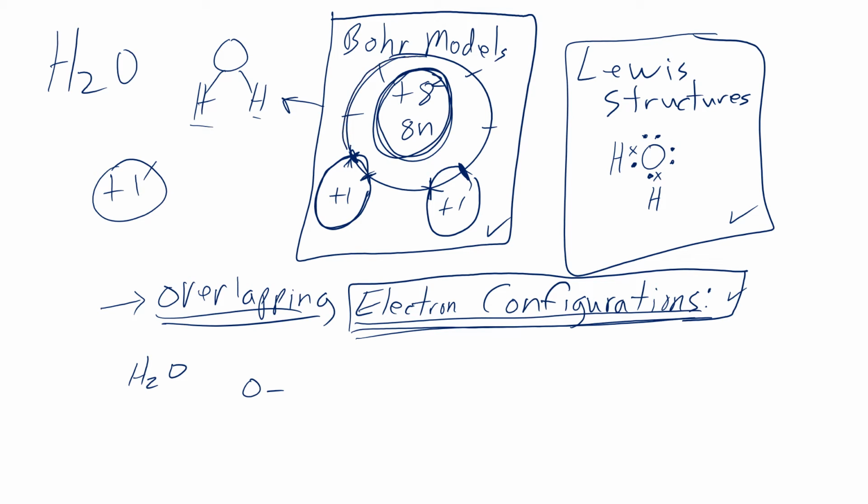All the bonding is going on in the valence shell, right? So that's what we need. Then 6 electrons: 2s2, 2px2, a 2py1, and a 2pz1. So I have 2 unpaired orbitals.